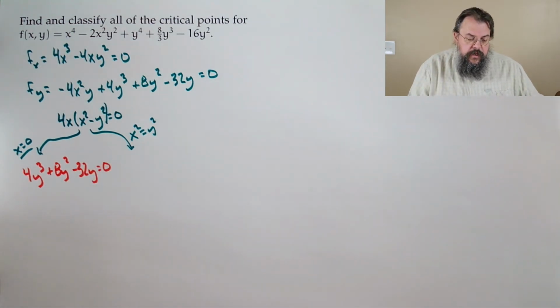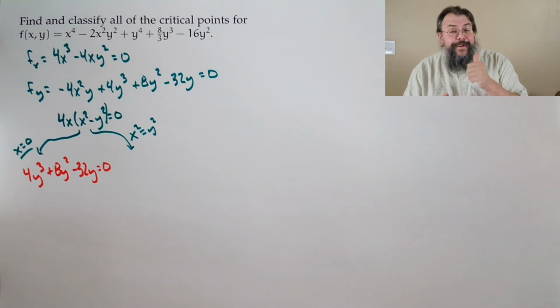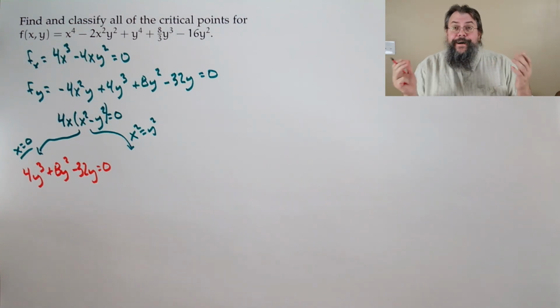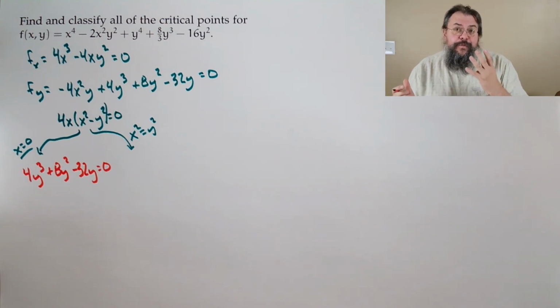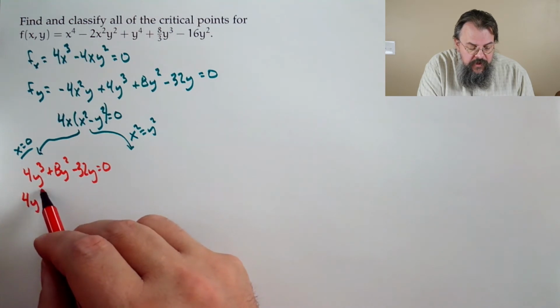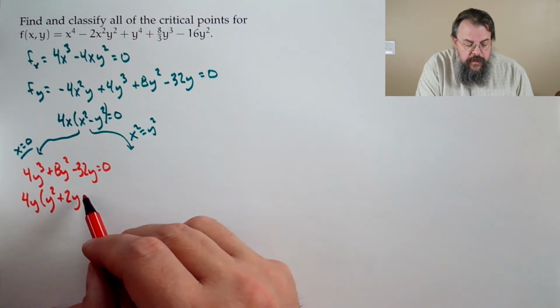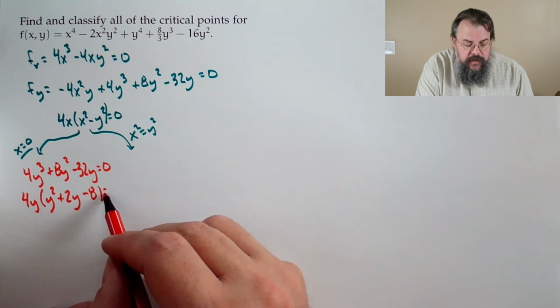Well, that's all right. Not to be disheartened. It's a cubic, but there's at least one factoring we can do. They all have a y. They're also all multiples of 4. So we could pull out a 4y. So that'll become y squared plus 2y minus 8 equals 0.